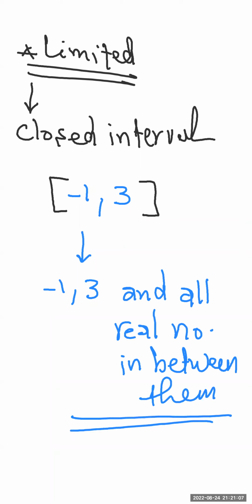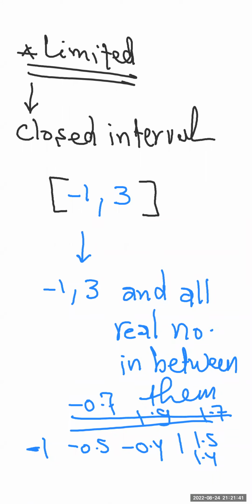So this means from -1 to 3 and all real numbers between them. Not like -1, then 0, then 1, 2. This is only the integers. I said all real numbers between them. So I meant starting from -1 and then -0.5, -0.4, -0.7, and so on, 1, 1.5, 1.4, 1.7, 1.9, all these numbers which are in between -1 and 3.